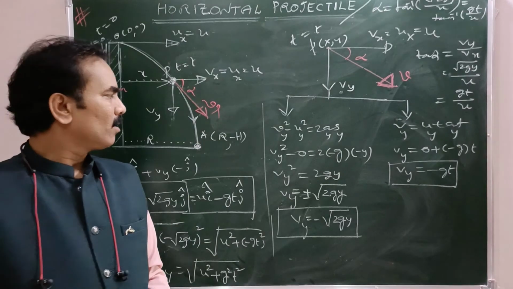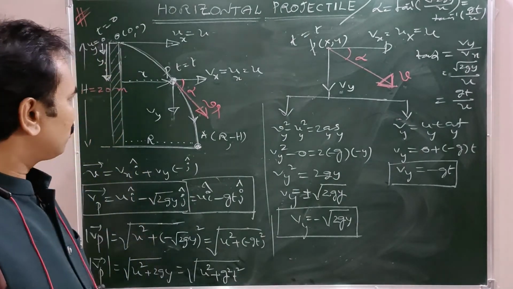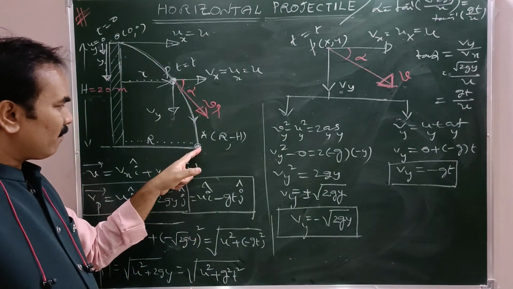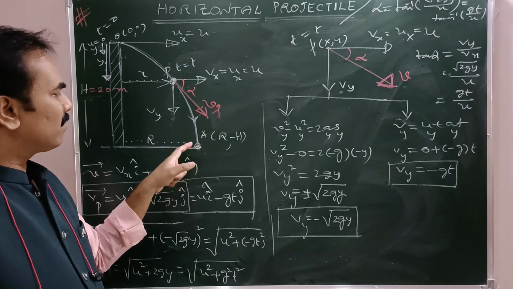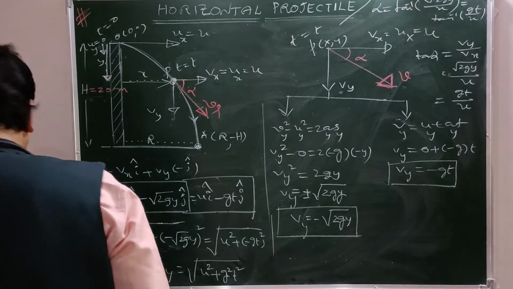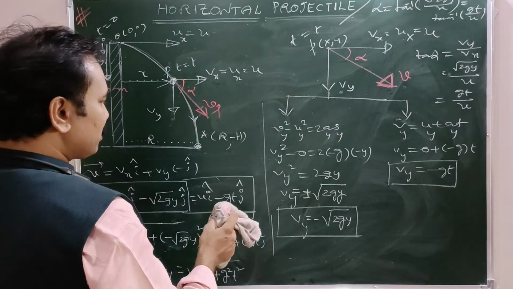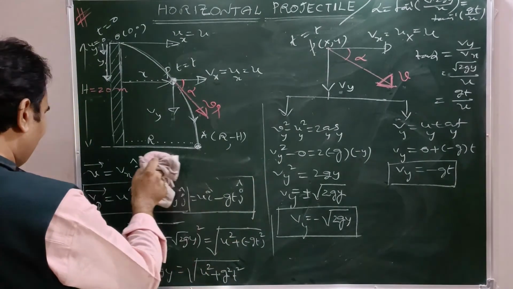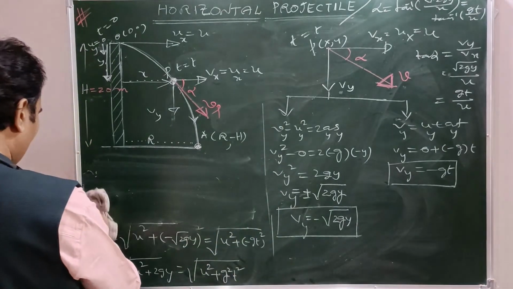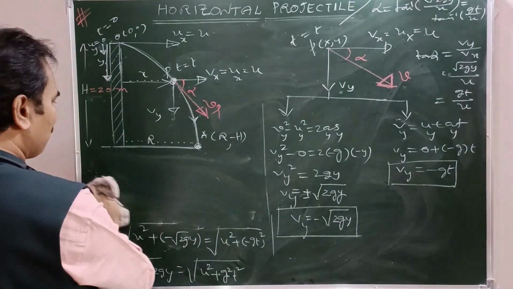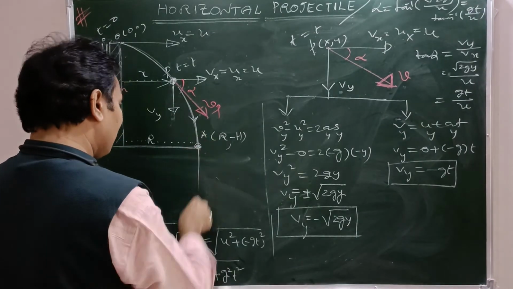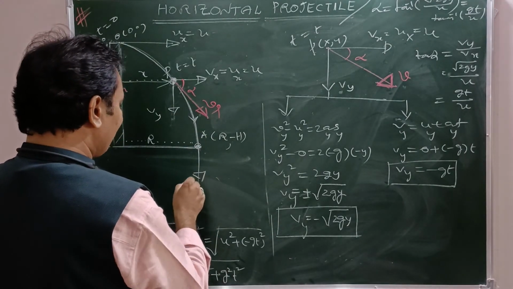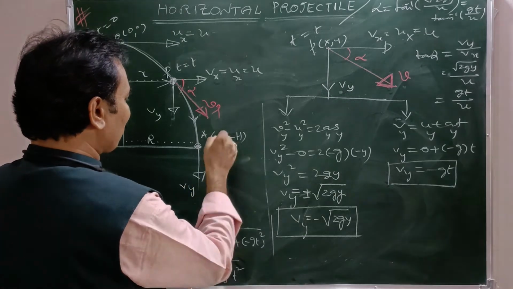Correct? Okay. Suppose I want to know the angle made by the final velocity with the ground on landing. Here is the vertical component, here is the horizontal component.